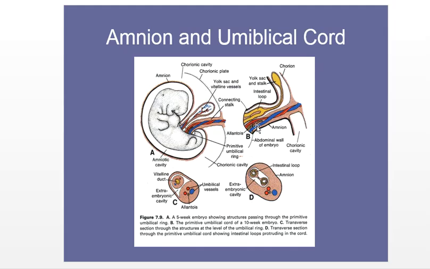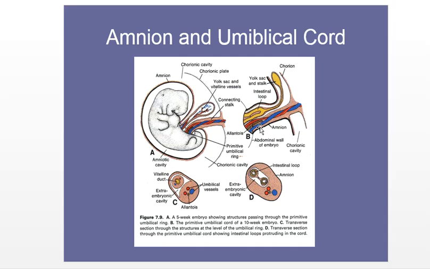You can see here the connecting stalk containing the allantois and abdominal umbilical vessels consisting of 2 arteries and 1 vein, the yolk sac, yolk stalk or vitelline duct with vitelline vessels, and connecting the intraembryonic celom and extraembryonic celom.